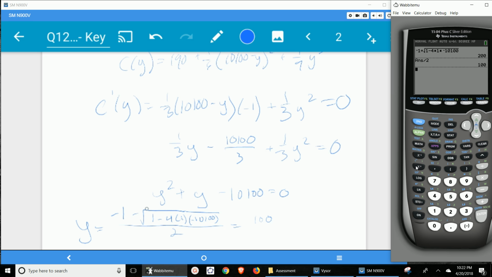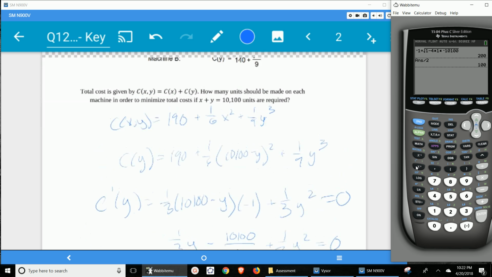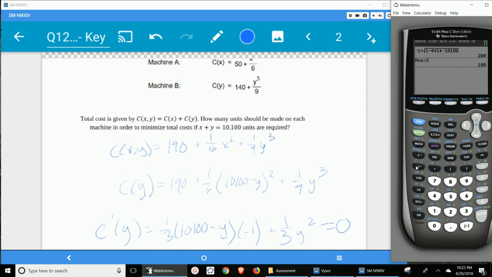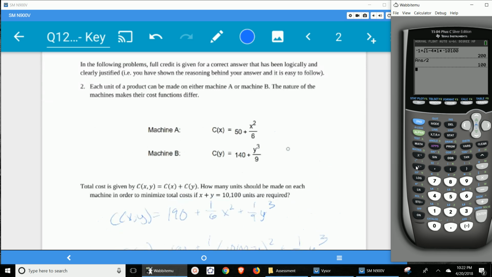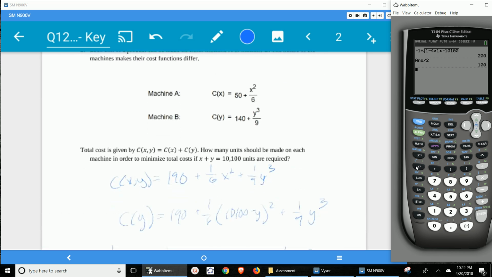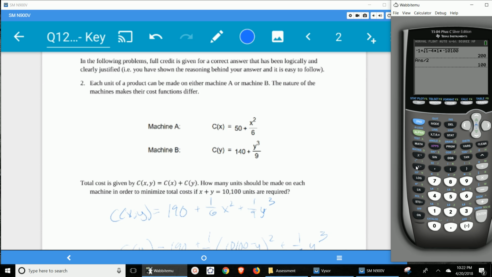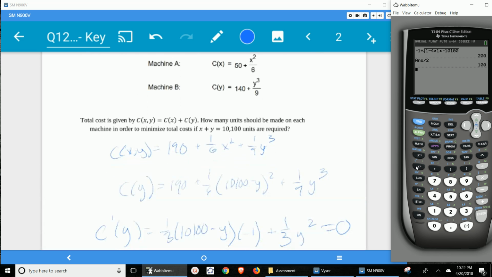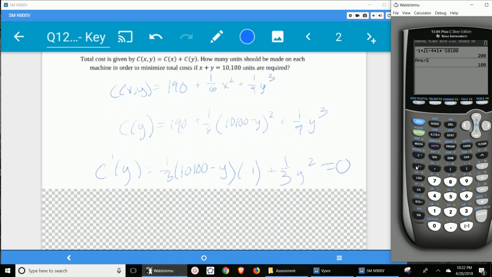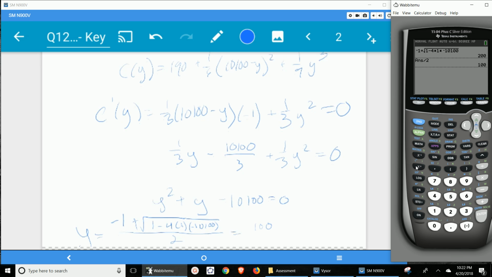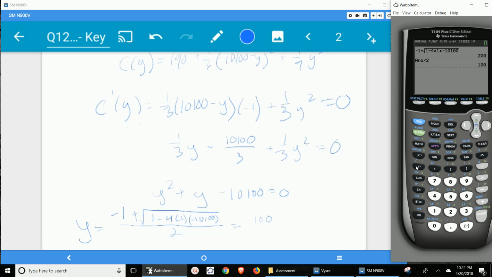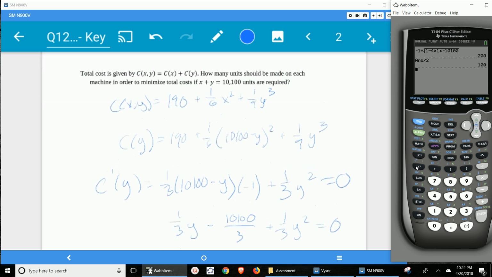We can't use the negative one because y is a number of units, right? So you can't have a negative number of units, so it's 100. So if y is 100, then the other one's got to be 10,000.